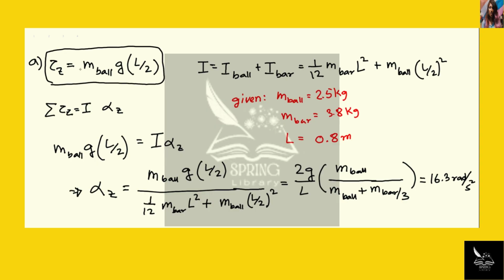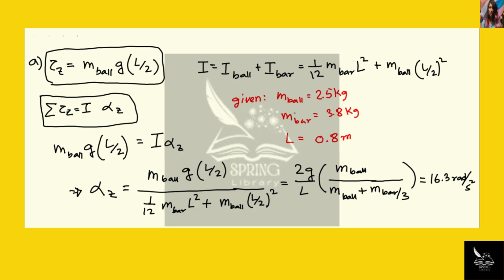We can equate this torque with our standard definition, which is moment of inertia times alpha_z. Alpha_z is the angular acceleration, and as we mentioned, this is our total moment of inertia. If we combine these two and solve for alpha_z, we get this expression.